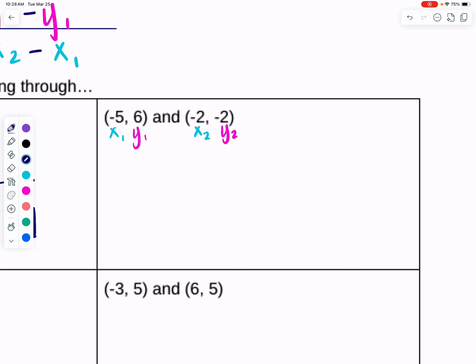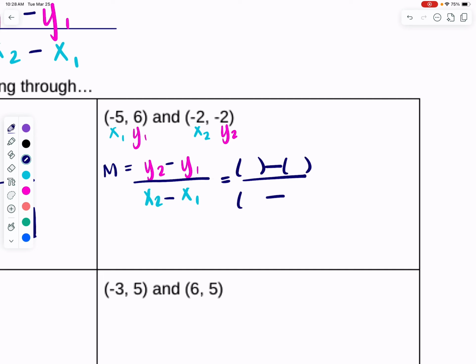I'm going to write the formula. Then I plug in what I know. I'm going to go ahead and set up holes for me to plug stuff in, and I'll tell you why in a minute.